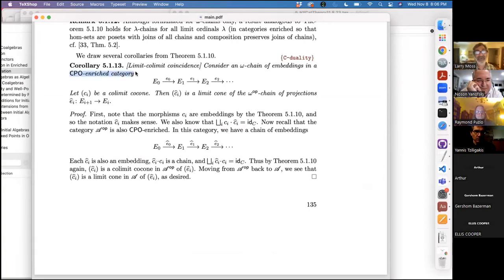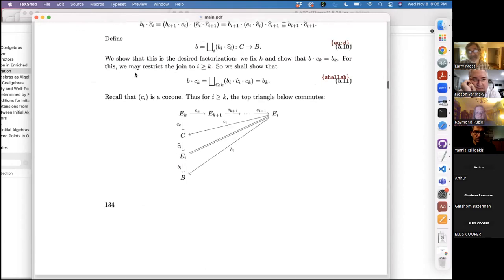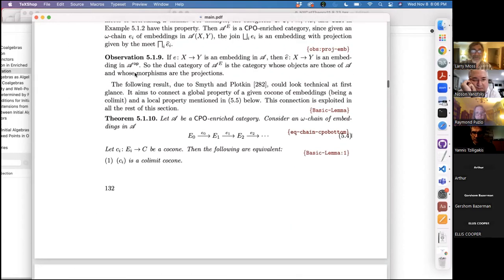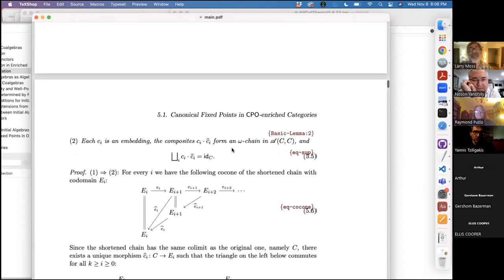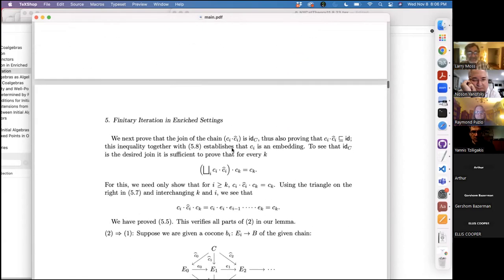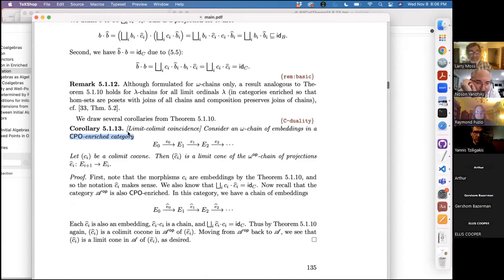That means the morphisms, the Homs, are not just Hom sets, they're Hom CPOs, and the composition operation has the right properties. Basically we've taken all these lemmas from Plotkin's paper and Smith and Plotkin's paper and actually improved them by lowering the number of assumptions you make, and this is that theorem.